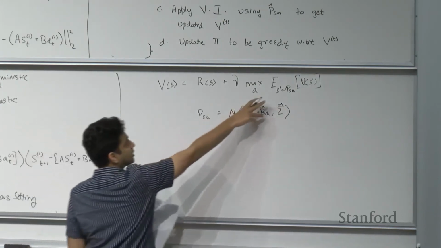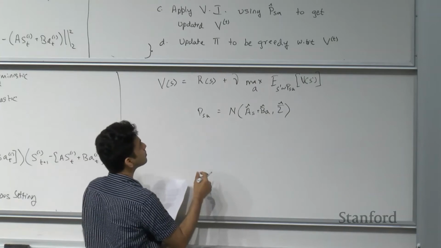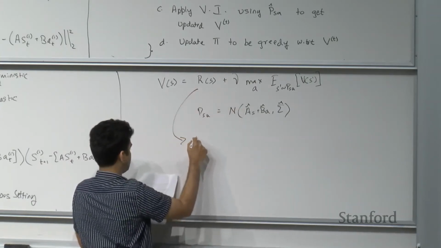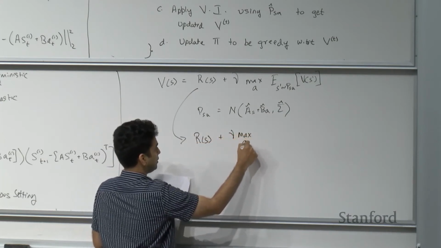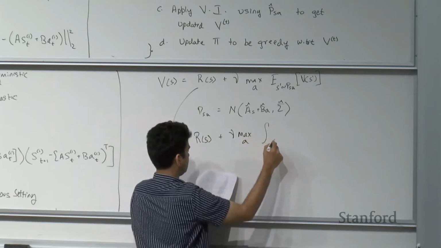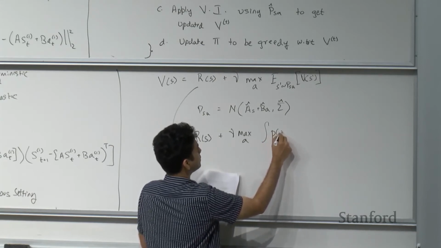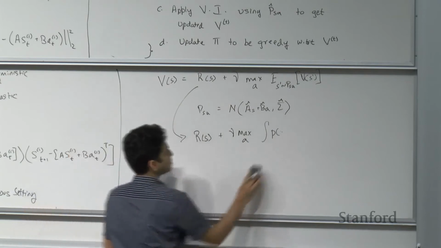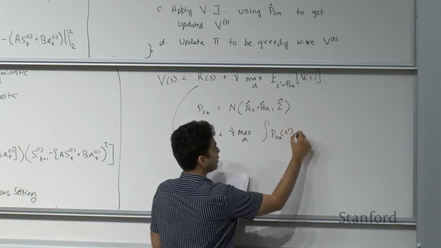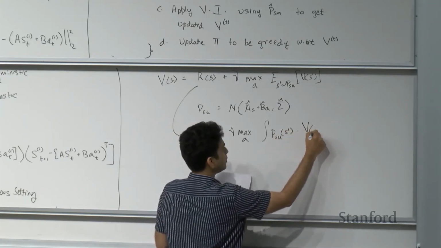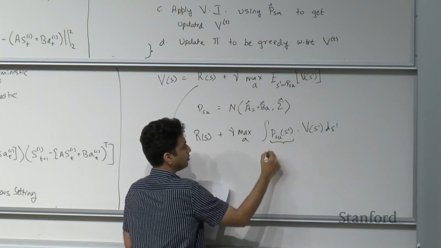Right? So you can think of this as P_SA where you sample the next state according to this, and so you can think of it as R of S plus gamma times max over A of the integral of P_SA of S prime times V of S prime dS prime, where this is the Gaussian PDF.